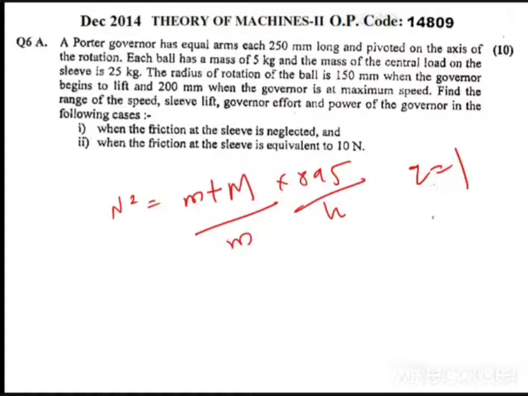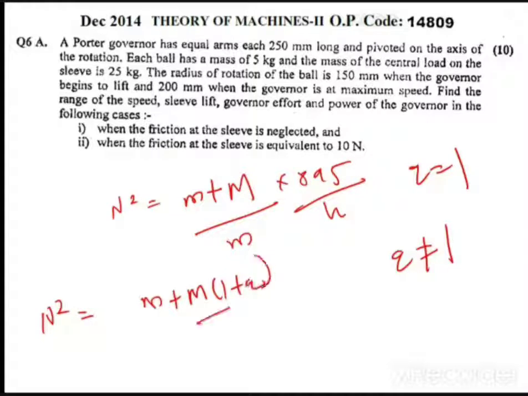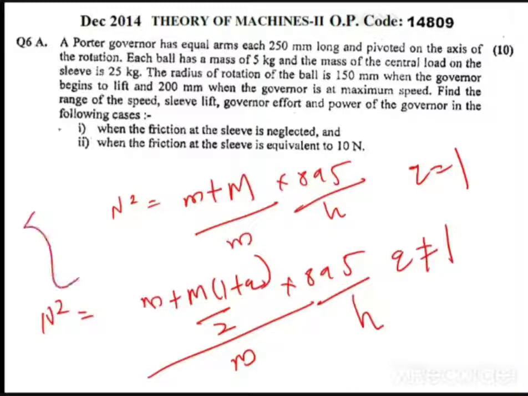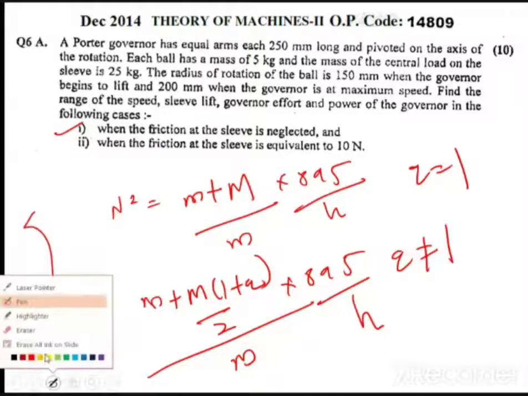If q is not equal to 1, this formula changes: N squared equals (m plus M(1 plus q)/2) divided by m, multiplied by 895 by h. This formula is for when the friction at the sleeve is neglected. This is what you have to remember, and I think they are not so difficult.